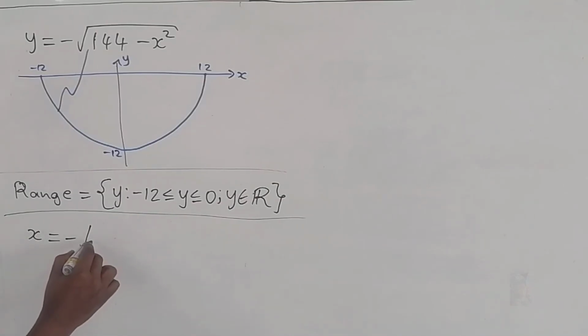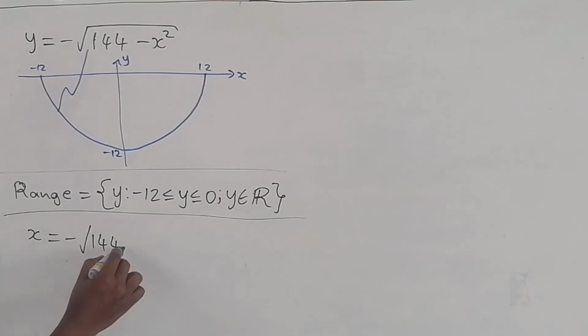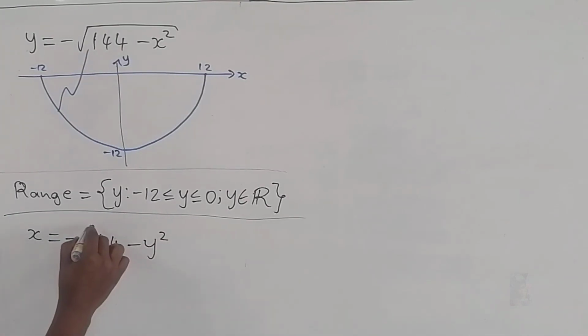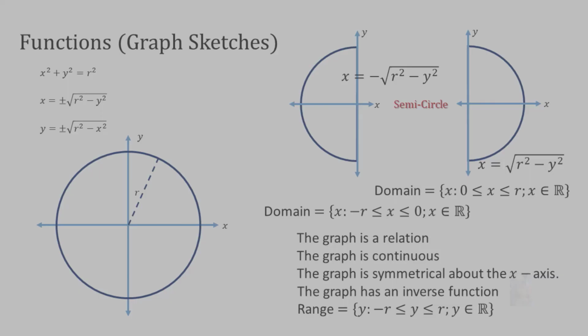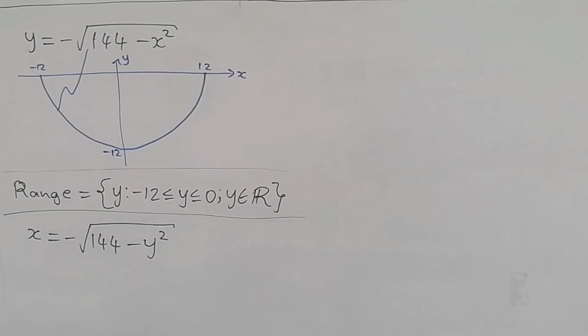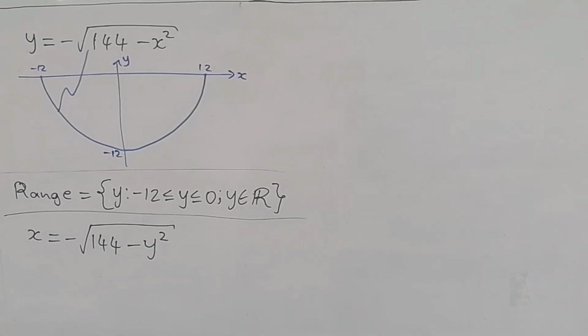Obviously, the first thing you do when you are looking for an inverse function, just ask yourself: what do you want? What are you going to do? The first thing you do, you interchange the positions of x and y. So that means its inverse function will be x is equal to minus square root of 144 minus y squared. So that will be its inverse.